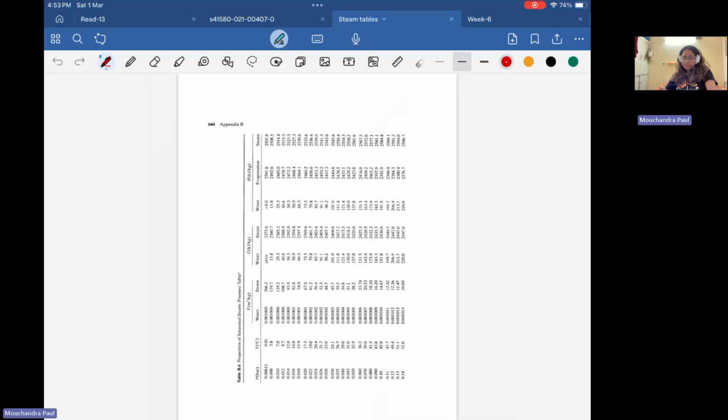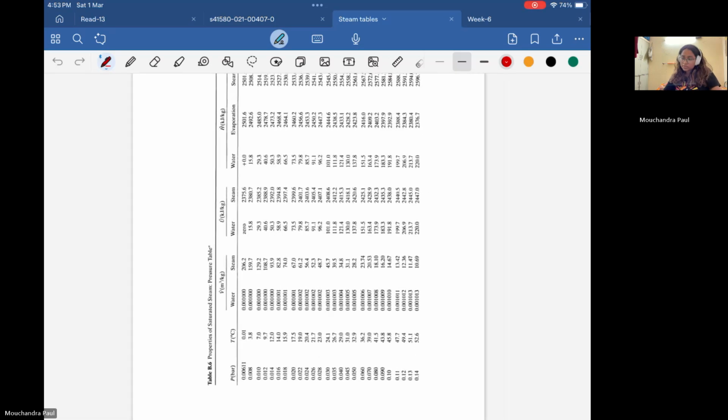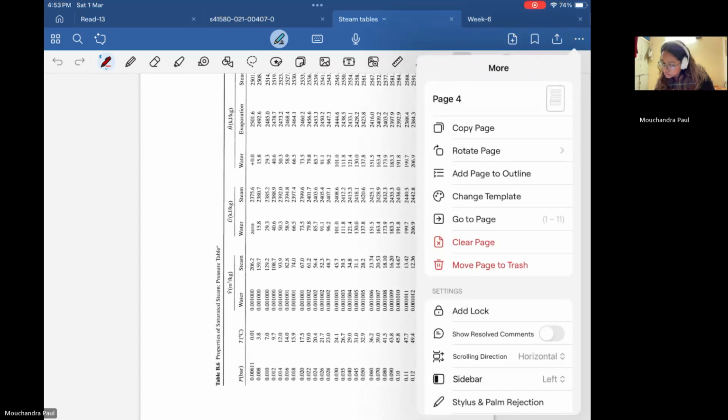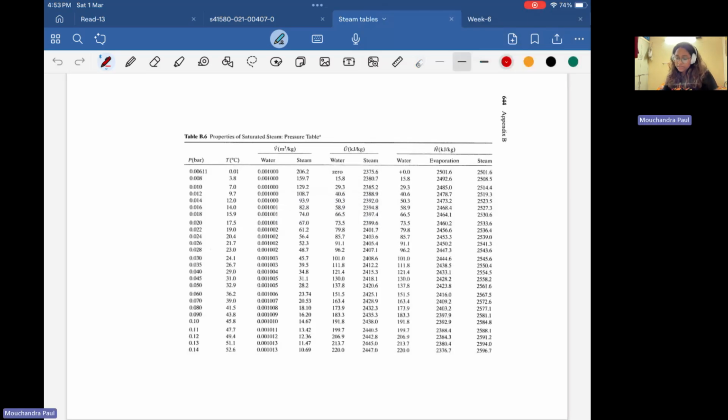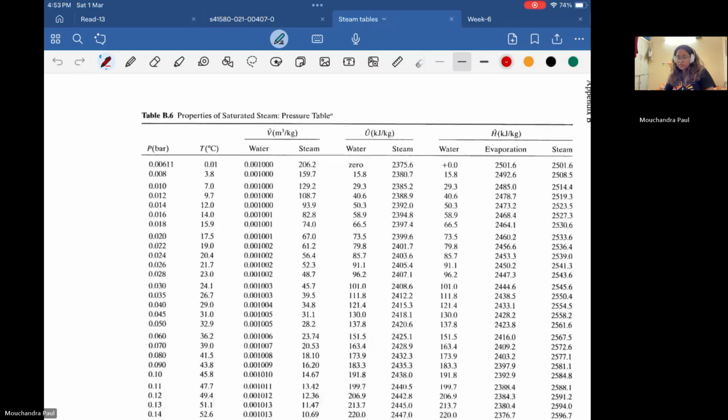Similarly, you can see the property of saturated steam for a pressure table. Now, the first column is pressure. With respect to it, temperatures are given.